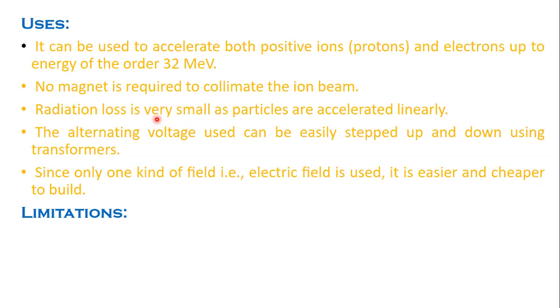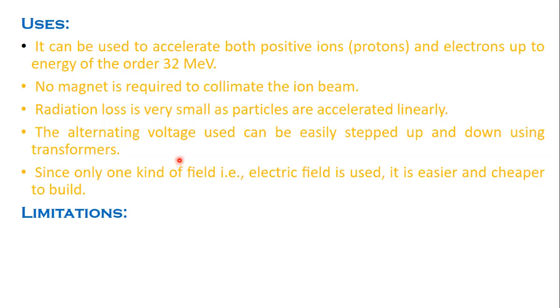Radiation loss is very small. Here we are accelerating charged particles, and you know that when charged particles accelerate, they experience a loss in energy, and that loss is called radiation loss. The value of radiation loss is very small compared with other accelerators.